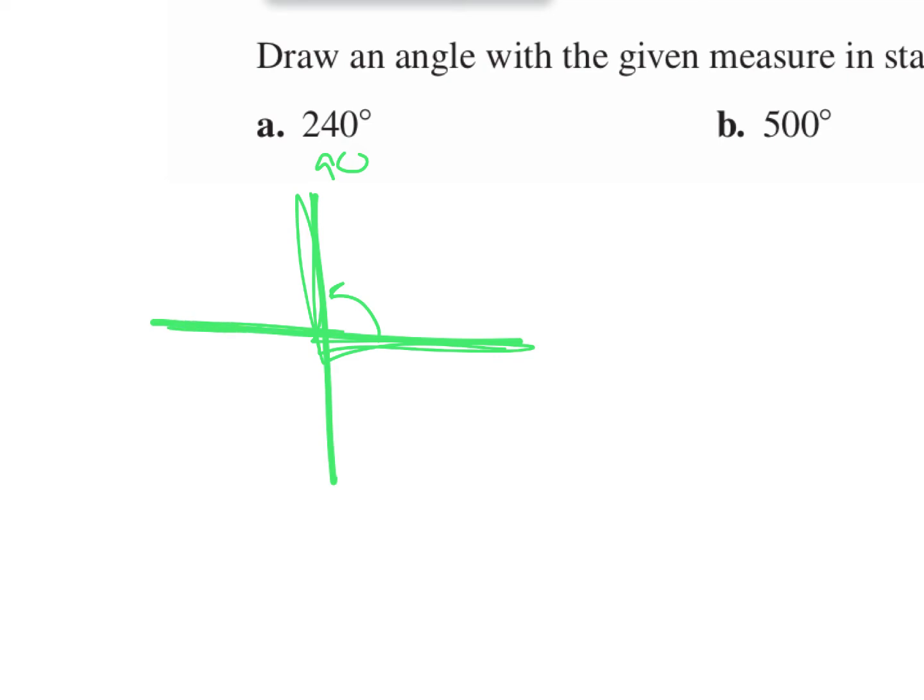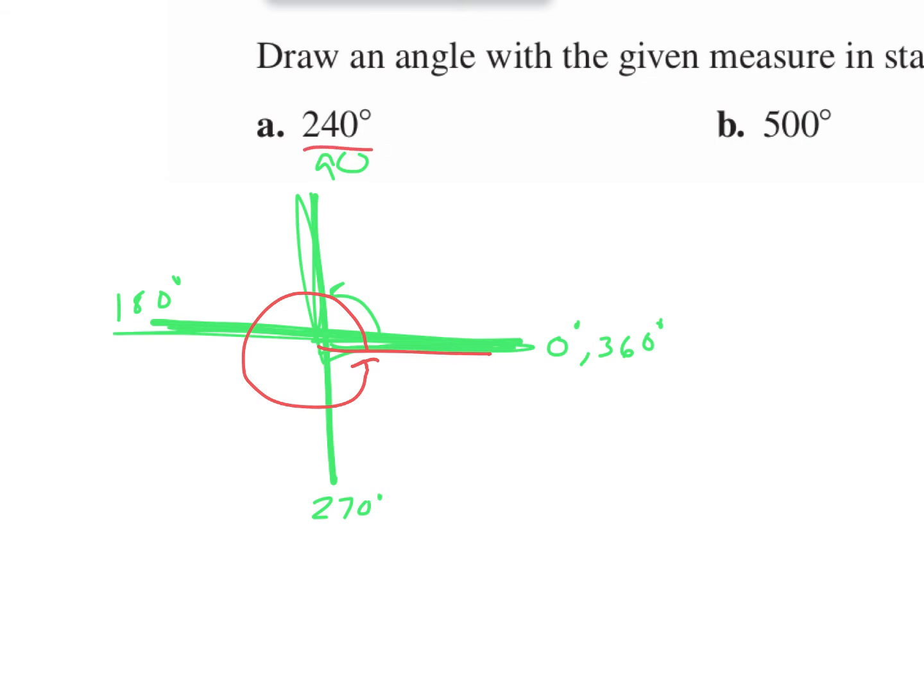Here would be 180 because this is a straight line. This would be 270. And our initial side where we start is always 0 or 360. When you start there it's 0, but then when you go all the way around it's 360. If we went all the way around the circle, that would be a full circle, so it would be 360.